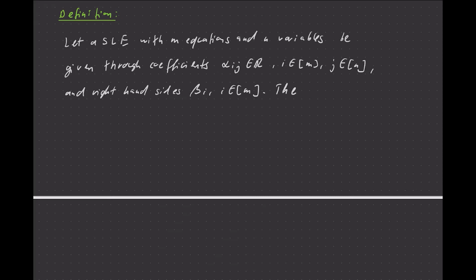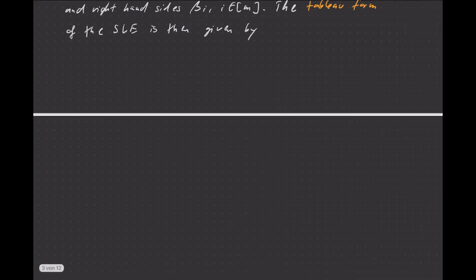Let me just write this in a compact form, and that is what we call Tableau Form. The Tableau Form of the SLE is then given by the following representation.